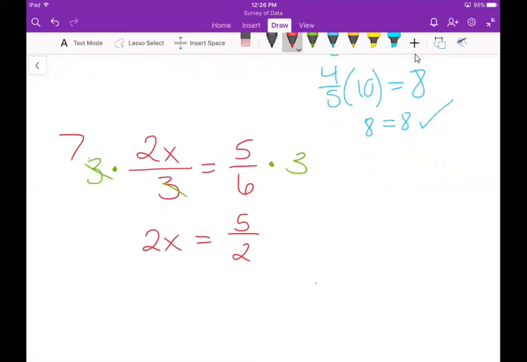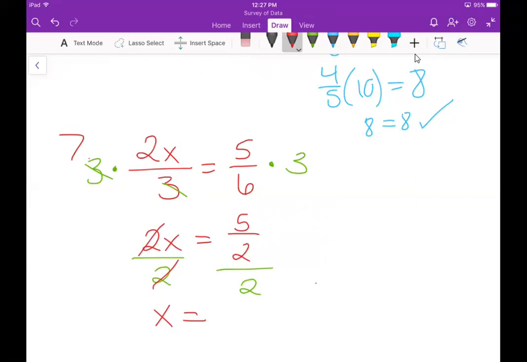Then you have 2 times x. So then we need to divide by 2 on both sides to undo that multiplication of 2. Those 2's will cancel, and I'll have x equals, make sure in your calculator, again, take 5 halves divided by 2. Make sure you get the right answer here.